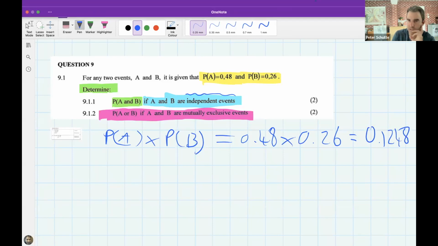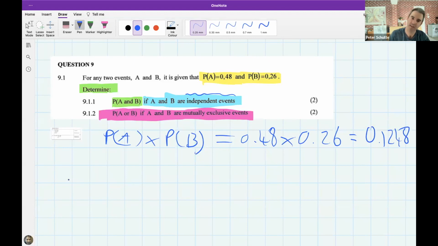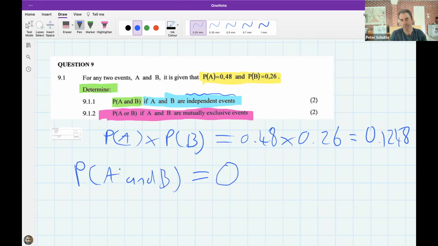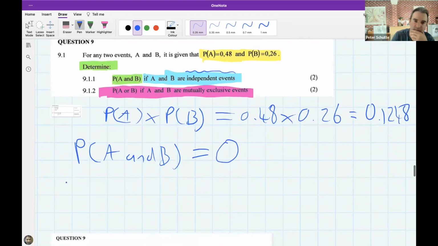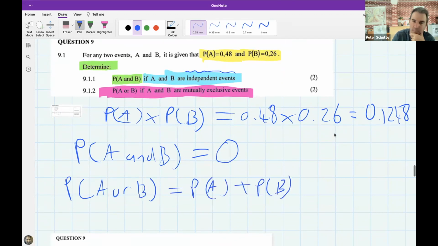So when you think of mutually exclusive events, you have to think about what we said earlier in the lesson, that if mutually exclusive events exist, P(A and B) is 0. And so that can be quite helpful. In fact, the OR identity from earlier in the lesson can be used because the AND part is 0.